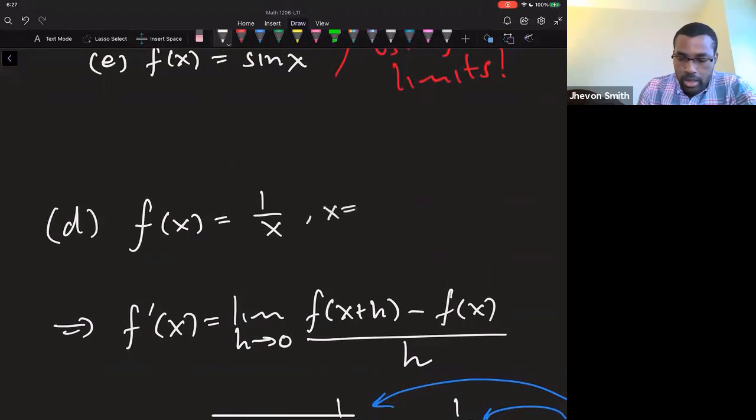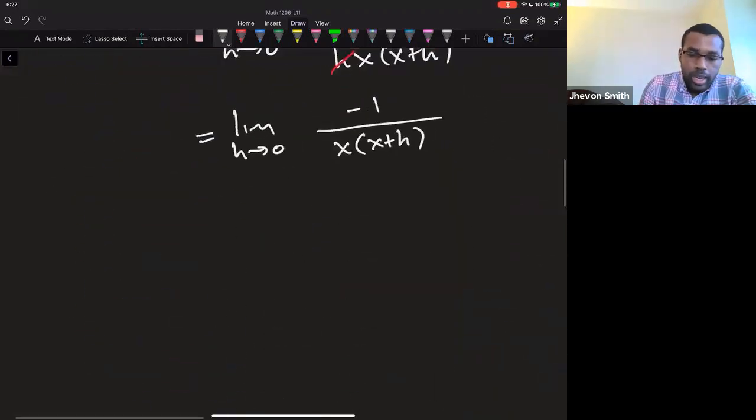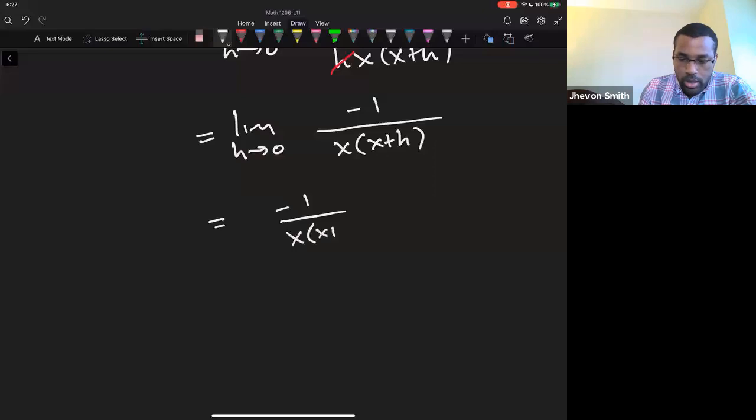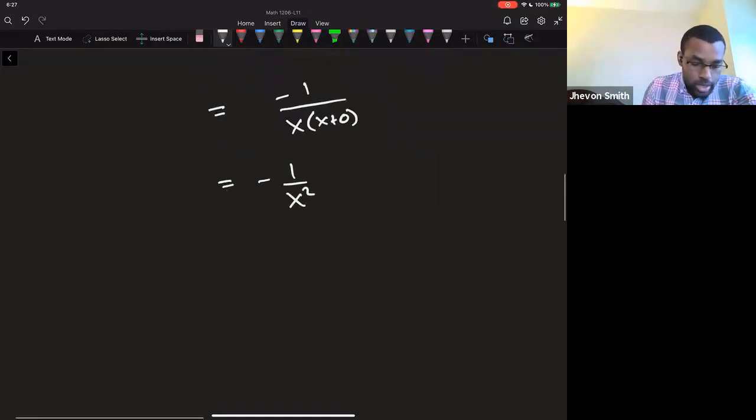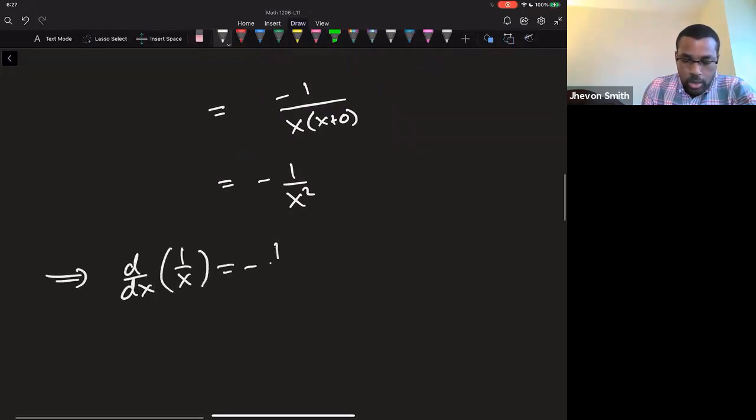Of course, x not 0 here because you would have divided by 0 from the beginning. So we know that's not the case. So we can actually just plug in 0 for h. And we get -1 over x squared. And that's the answer. And by the way, this is just something that we know now. The derivative of 1 over x is -1 over x squared.